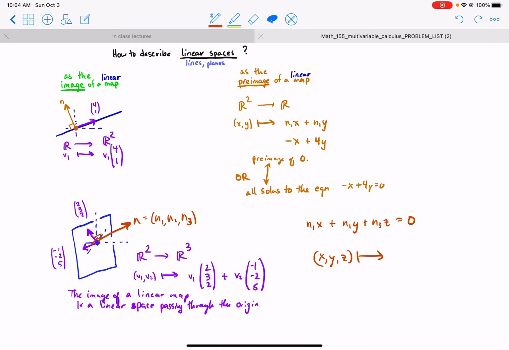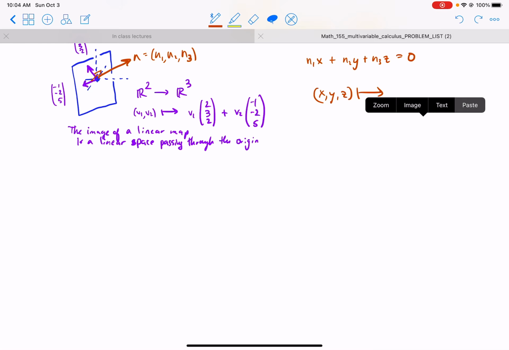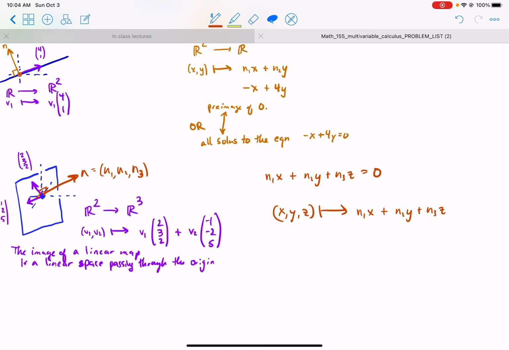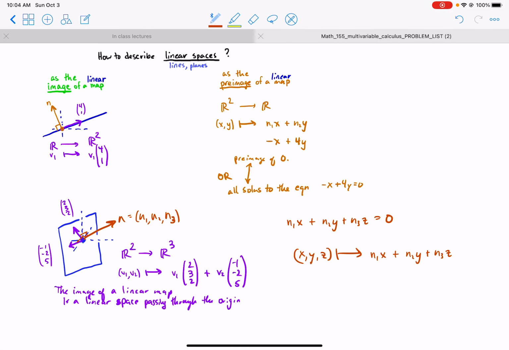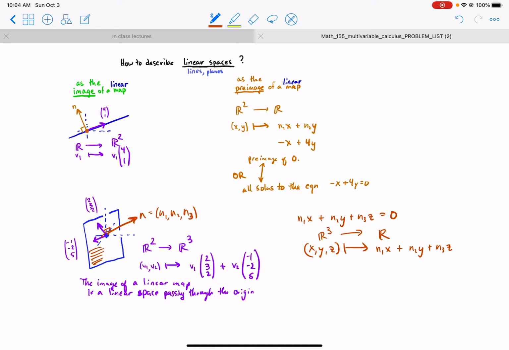You see, this is just two ways of saying the same thing. So this is a map from R3 to R, and its solutions, or its preimage of 0, all the things that give 0, is this plane. Okay. So that's basically it.